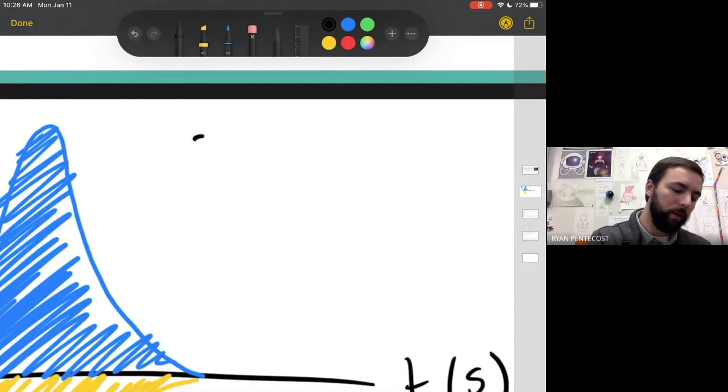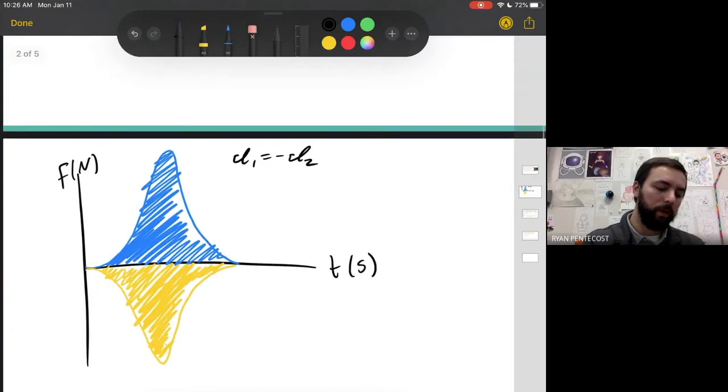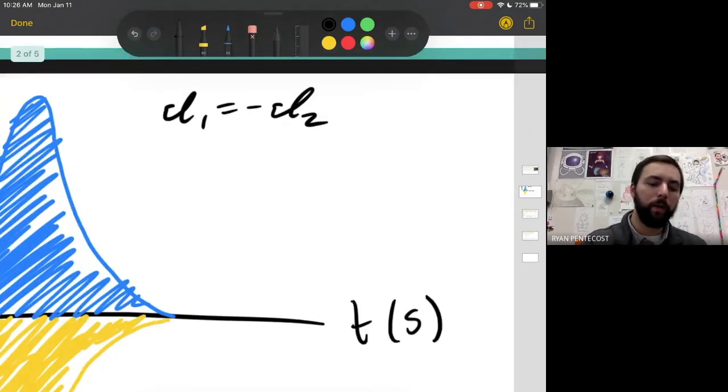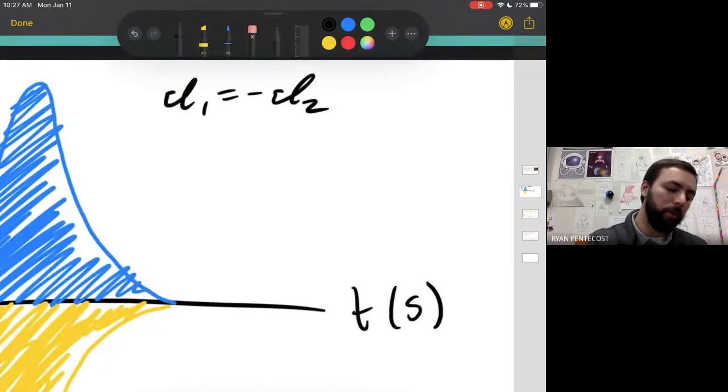The impulse on 1 equals the negative impulse on 2. You can see that, if my art were perfect, the area under each curve would be about equal, but opposite in sign. So if we add I2 to the other side, you've got I1 plus I2 equals 0.